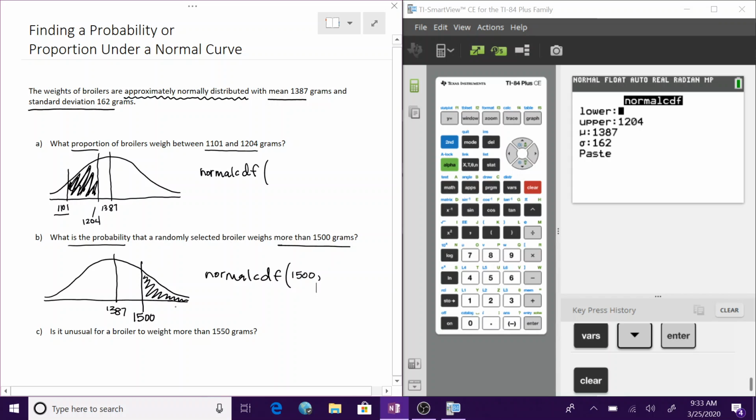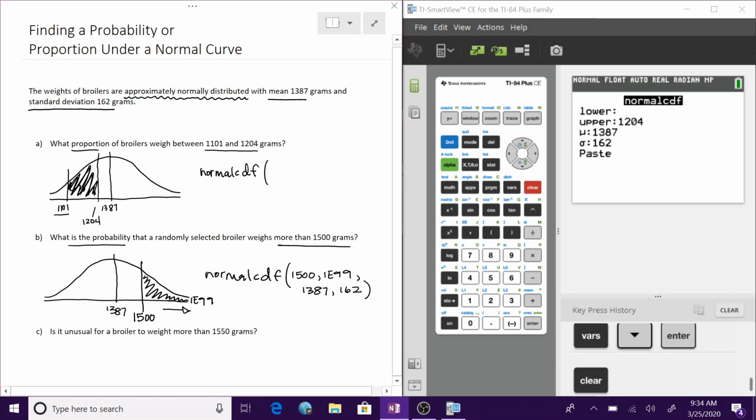Now we're trying to find the area all the way over forever, so we're going to be using our 1E99 for this, our mean, which was 1387, and our standard deviation of 162.